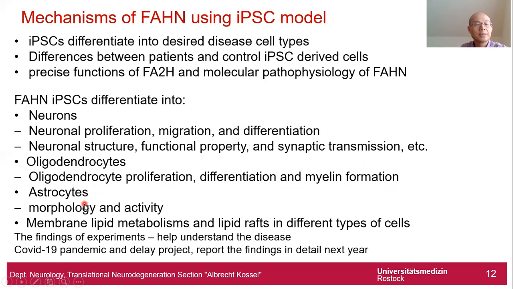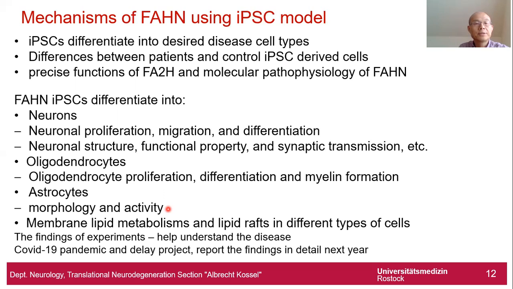Also, for the astrocytes, we will focus on the morphology and the activity of these cells and try to find out the difference between the patient's astrocytes and healthy control astrocytes. In this case, we get ideas about the disease problem.